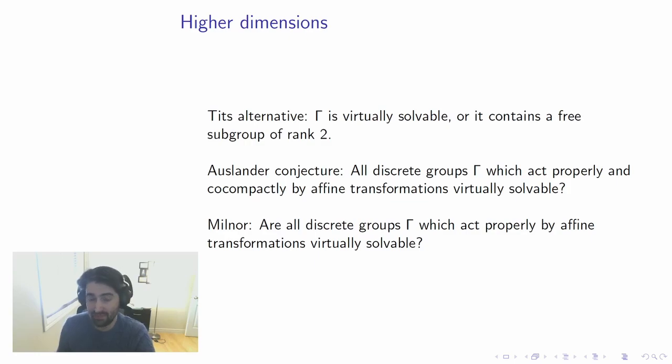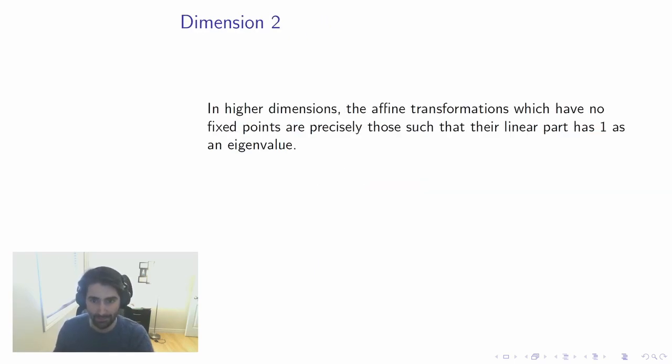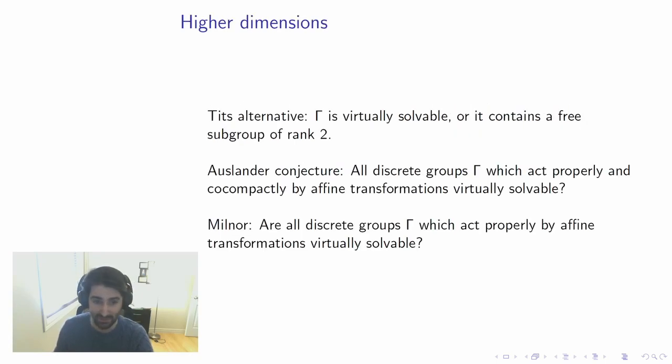So maybe this conjecture is even true when you don't ask for the group to act co-compactly, but just act properly, right? So we'll see. It turns out that the answer to this question leads to very interesting places, among other things, to the paper that we wrote.